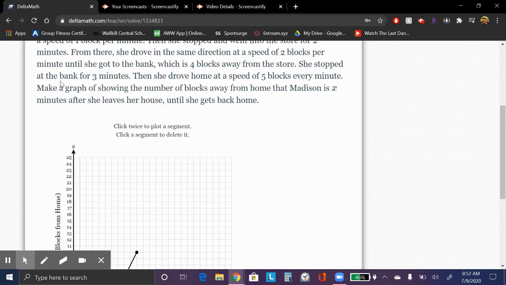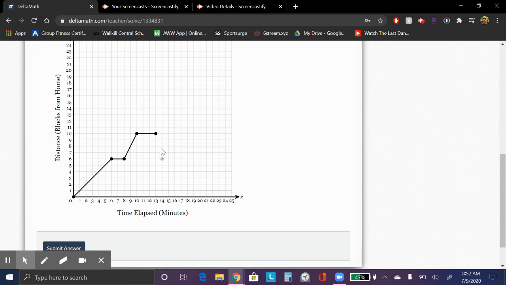She stopped at the bank for 3 minutes. Didn't go anywhere. Then she drove back home, so it has to go back down, at 5 blocks every minute until she went all the way back home. 5 blocks. 1, 2, 3, 4, 5 per minute.